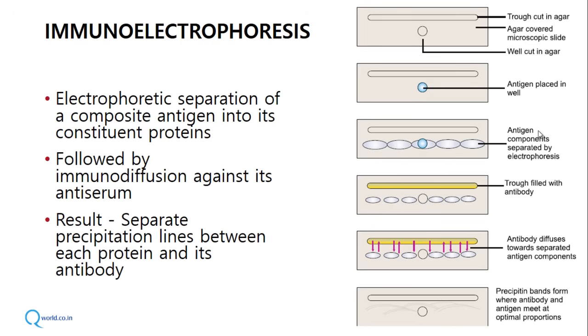Here what we do is take a slide on which we put plain agar gel, and then we cut two things, a trough as well as a well, as shown in the diagram. Then in the well, we put the antigenic solution, and these antigenic components will be separated by electrophoresis.